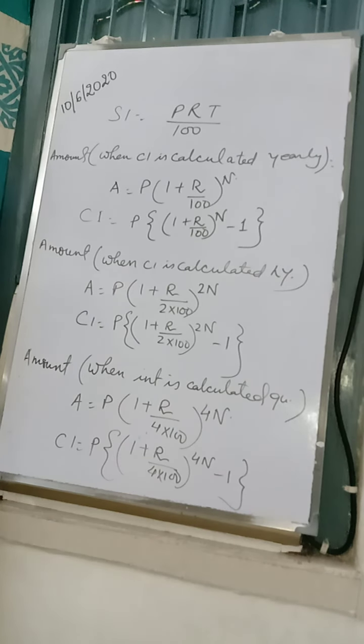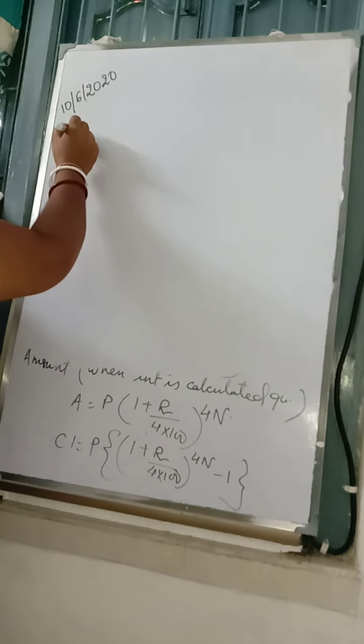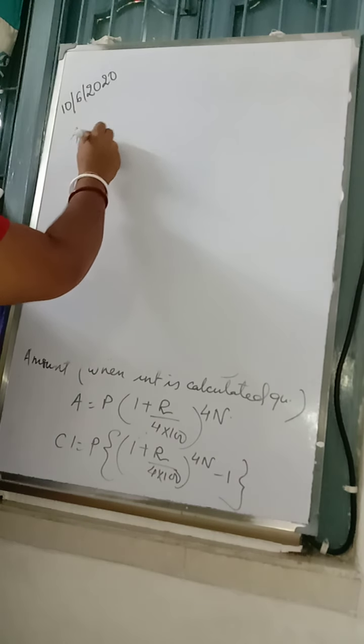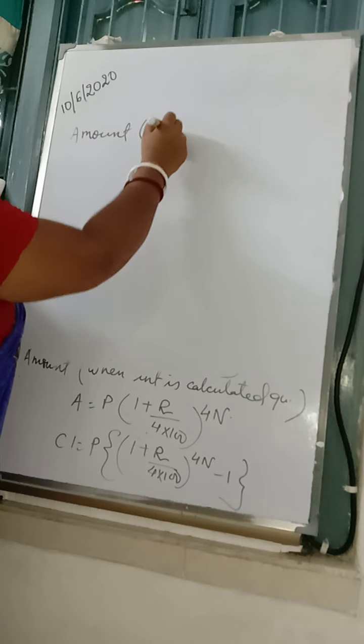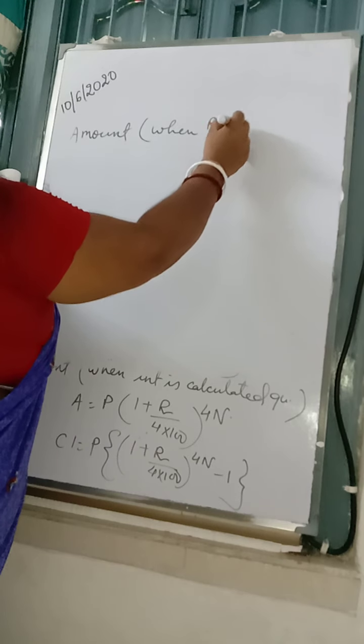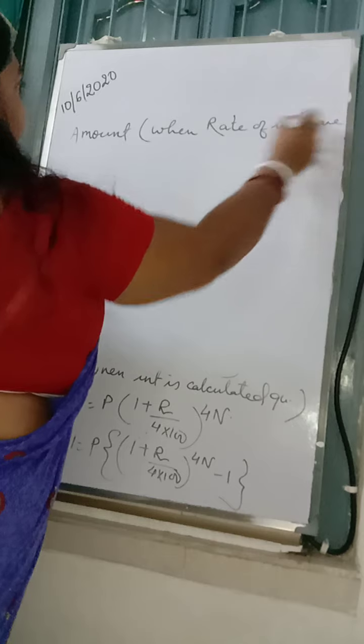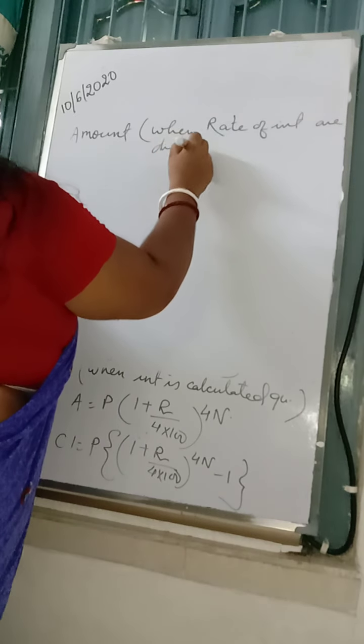If the rate of interest has been given for the successive years, amount when rate of interest are different for different years.